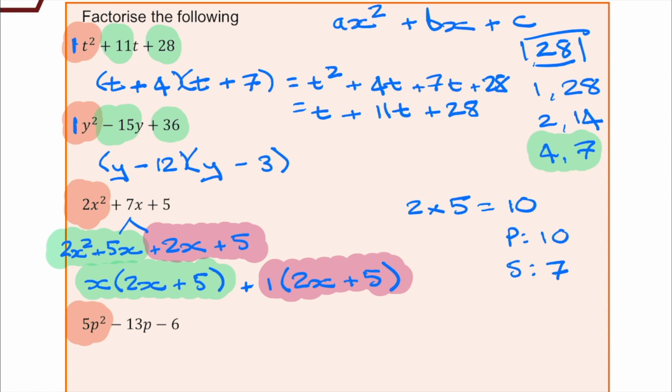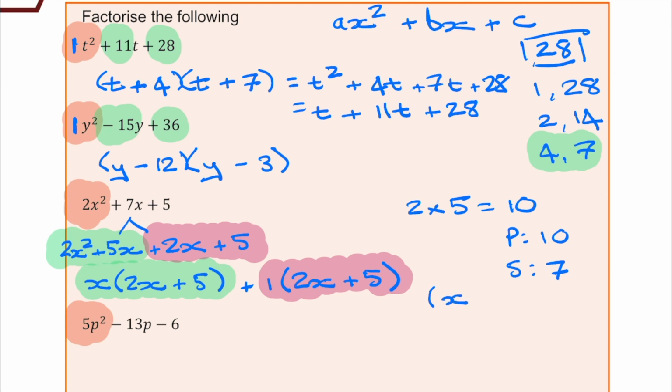And there's a really clever trick that we can do at this stage. We should have the exact same thing in both brackets. And if you look, in green there, we've got 2x plus 5 in the first bracket, and in the red, we've got a 2x plus 5 as well. So we've passed that check. We haven't made a mistake so far. Then all that you do for your final step is you take what's on the outside of both the brackets.